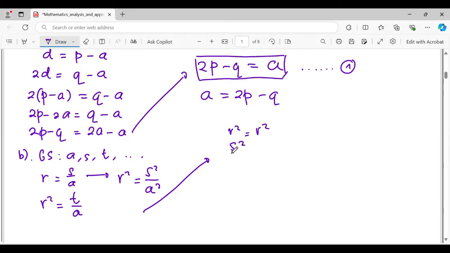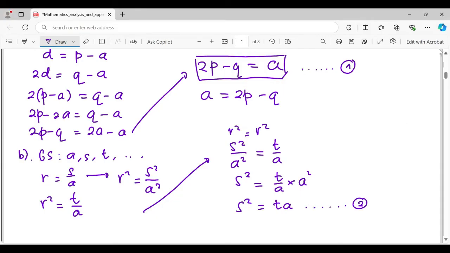So S squared over A squared equals T over A, or S squared equals T over A times A squared, or S squared equals TA. This is the second equation.